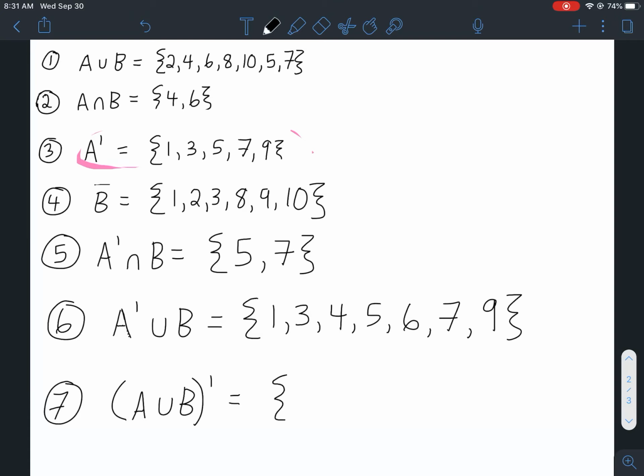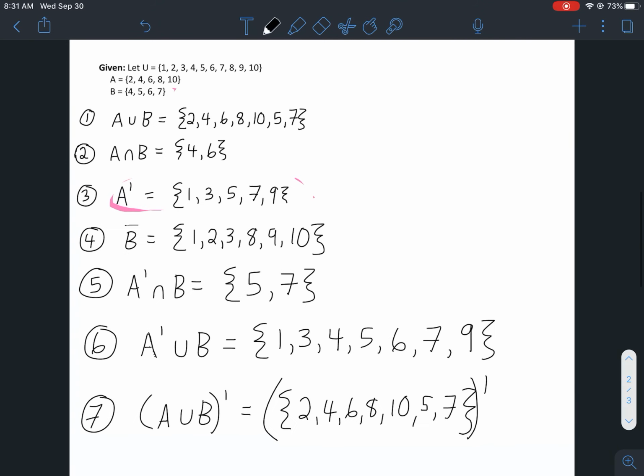But if we just copy number 1, we already found it was 2, 4, 6, 8, 10, 5, and 7 when we join those sets together. So that saves us time. But now what we're doing is we're trying to find the complement of that. What that means is we're trying to find everything that's in our universal set that's not in what we just wrote down.